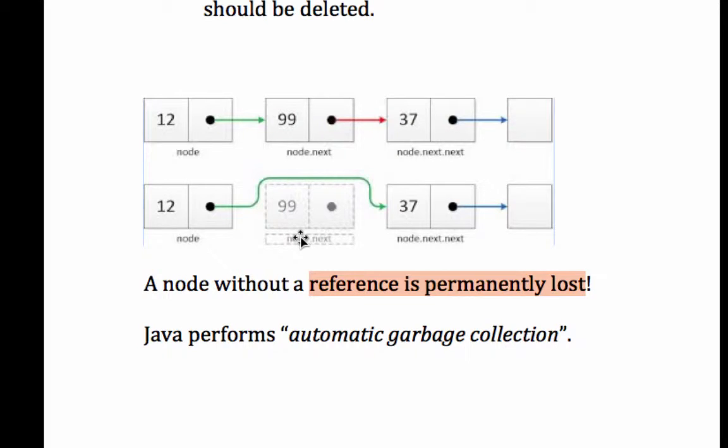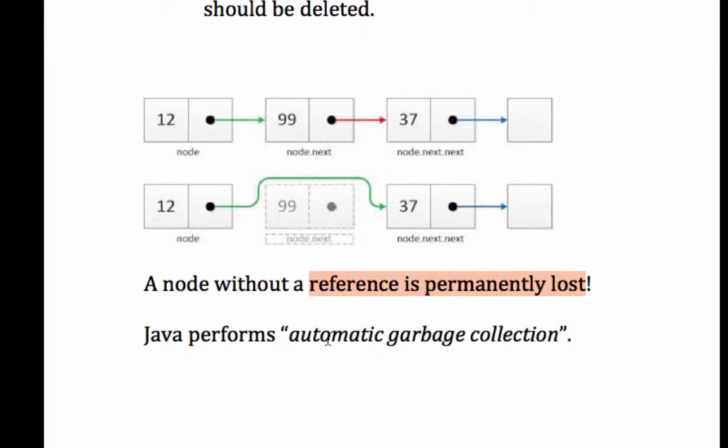There is no reference to it, so we cannot retrieve it to display it or modify it. We are wasting memory because the data is stored in memory, but we cannot make any use of it. So it's what we call garbage. Another word for this is memory leakage. We are storing values in memory which we are never going to use or retrieve.